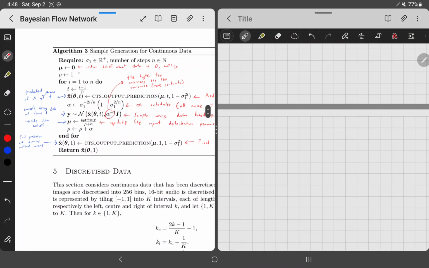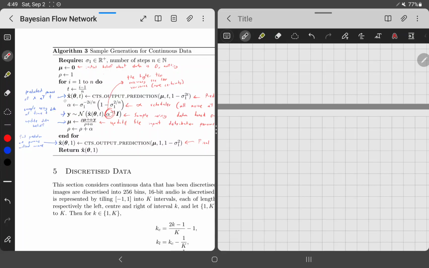So you initialize your belief to mu is equal to 0. So you have no initial belief about the data, no prior, well, I guess you do, you set it equal to 0, but basically no information. Then you make a prediction using your model, and you use this prediction to parameterize a normal distribution where the accuracy is the inverse of the variance, so that you start off with a lot of variance and you end up with little to no variance.